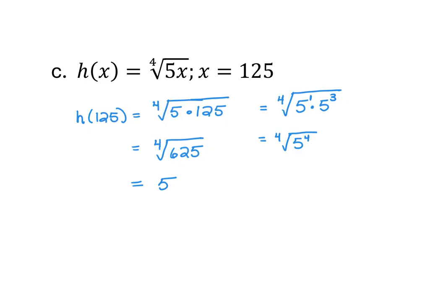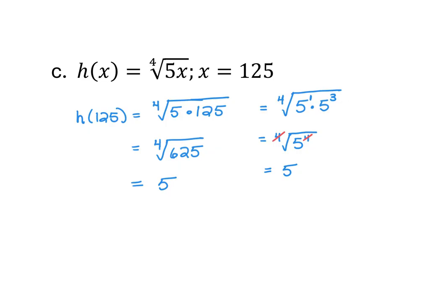And a general rule that we have is as long as we are dealing with positive numbers when we're dealing with even roots, if they are the same, then they do cancel. We've played around with this before. When we talk about square root property, we use square roots to get rid of squares.